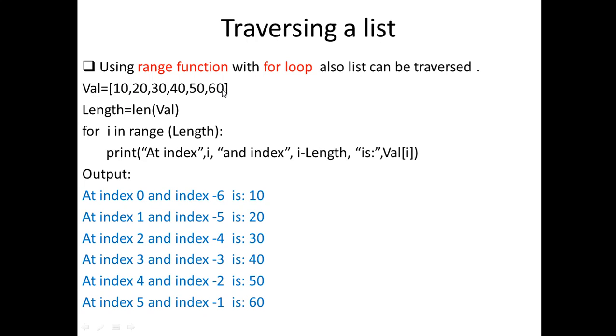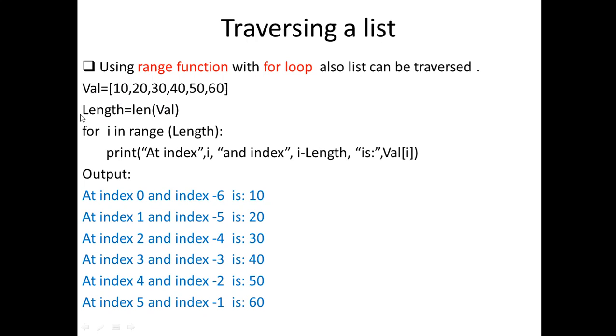The total number of elements will be returned by the function len. Whenever you use the len function, it will return the length of that particular object. So here I have taken the list as Val.